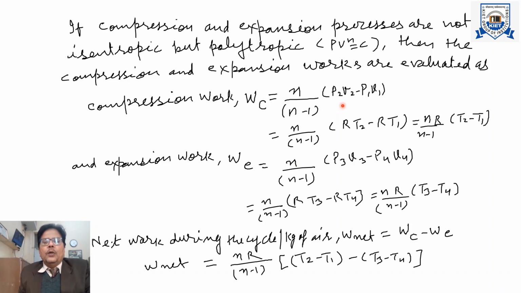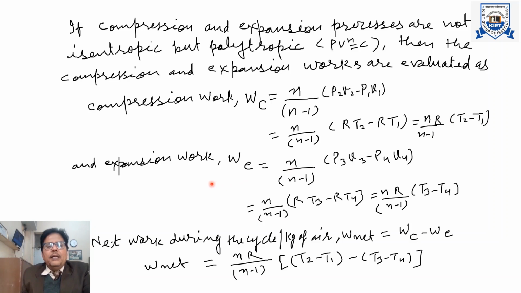On solving for an ideal gas, P2 V2 equals R T2 for a unit mass, so we can replace P2 V2 by R T2, similarly P1 V1 by R T1, and on simplification we can write this equation as nR over n minus 1 times T2 minus T1, where R is the characteristic gas constant of air.